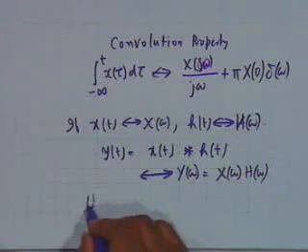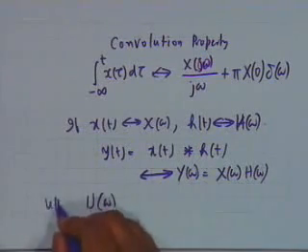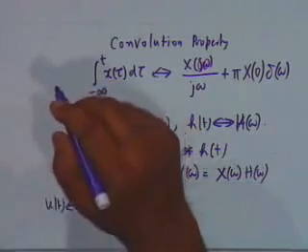Then we found capital U(omega), the Fourier transform of u(t).